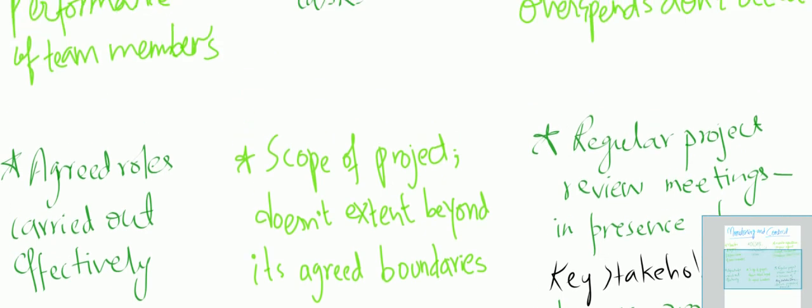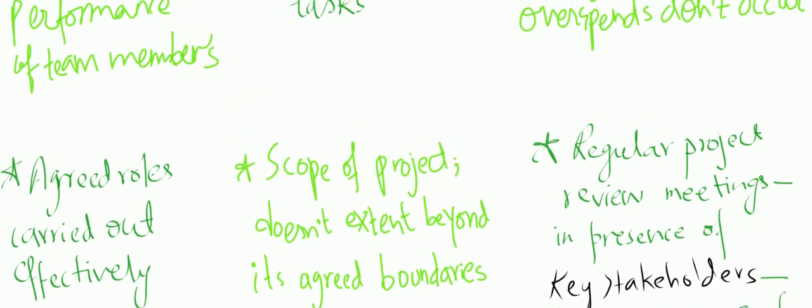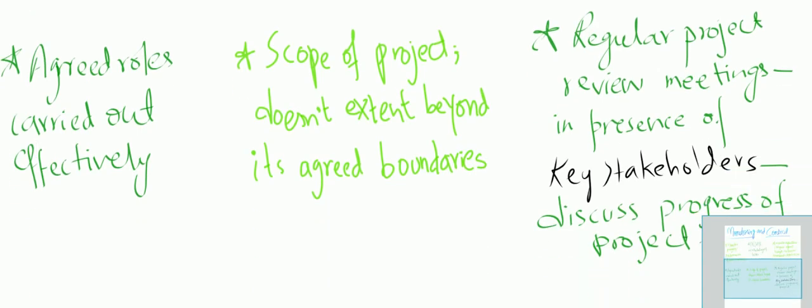Again, along with seeing how each of the team members is performing, you need to see whether they're carrying out the roles or responsibilities that they were handed effectively. And you need to see that the project is not going beyond its agreed boundaries.